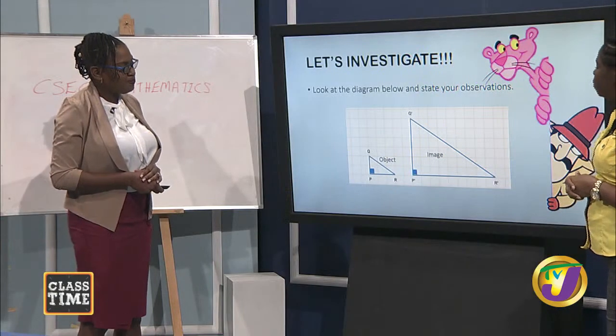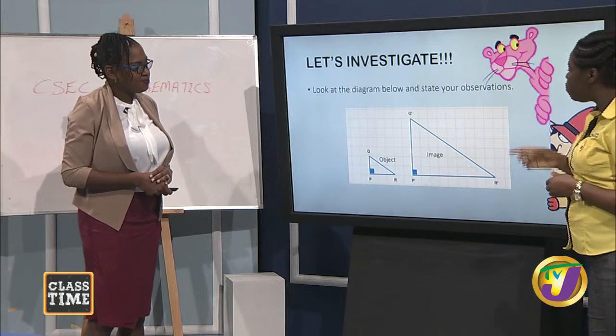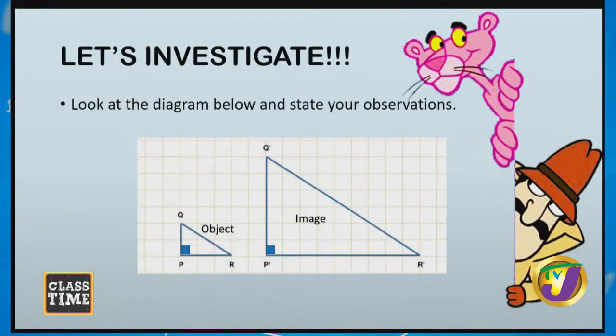So in terms of the relationship, I noticed that they would be proportional because, as you said, PQ is 2 units on the object, and on the image, P prime Q prime is 6 units. Right, and 6 would be 3 times 2.